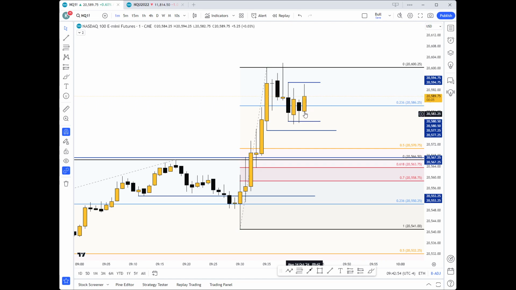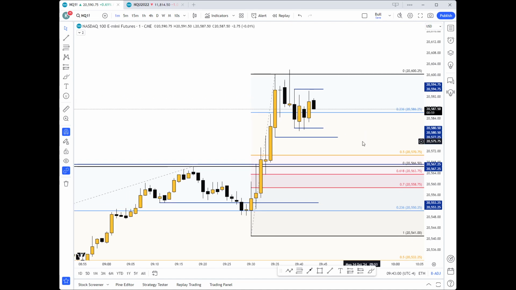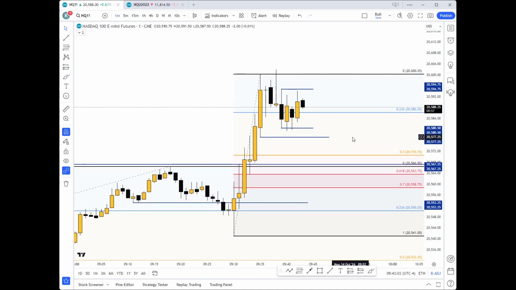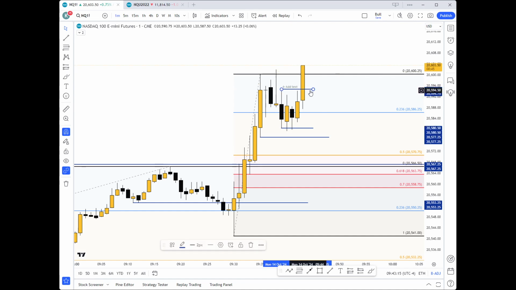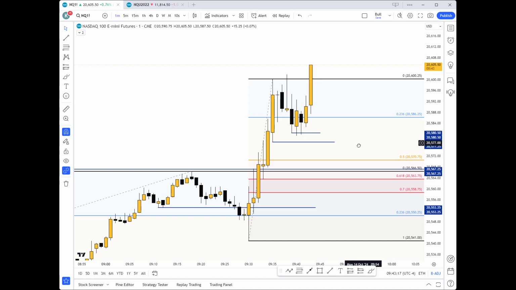We've got to see acceleration, or we do. Right? It's being very well defended from our candle theory. There it goes. And takes the high along with it.